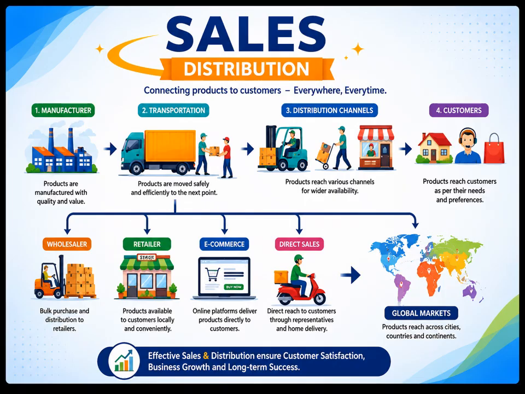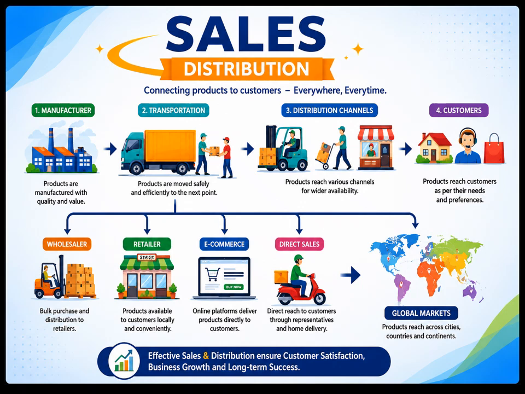The products are manufactured with quality and value, and then follow the process of transportation. Products are moved safely and efficiently to the next point, and then a suitable distribution channel is followed depending upon the nature of the product and services. The products reach various channels for wider availability, and this is how they reach the customers.